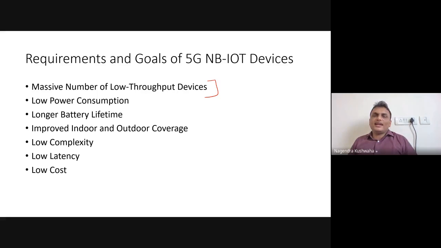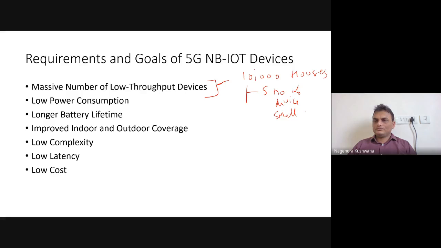Suppose I'm talking about an area which consists of, let us say, 10,000 houses. Every house might be equipped with 5 devices which are generating a small amount of data. If I take the average, these sensors are like gas meter sensor, electric meter sensor, and other sensors.